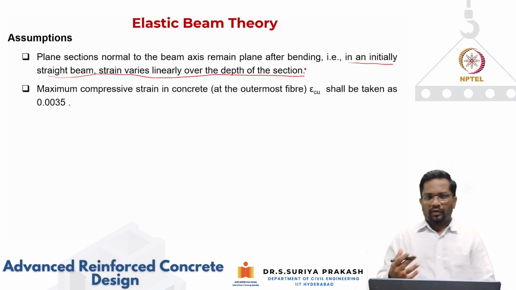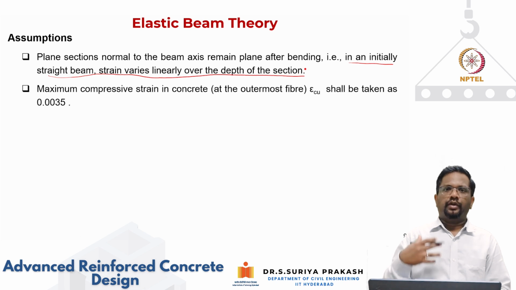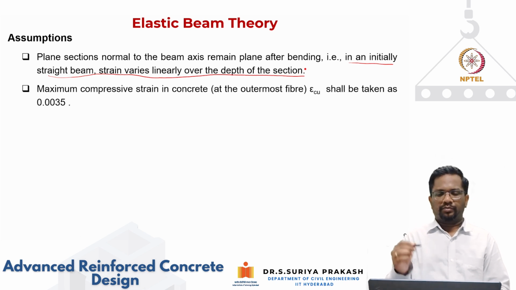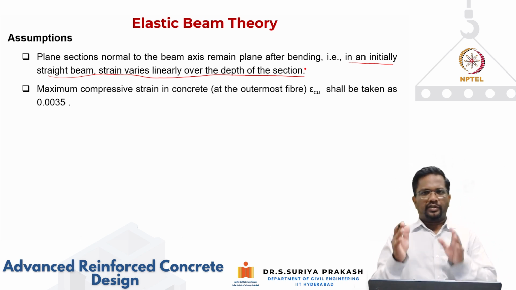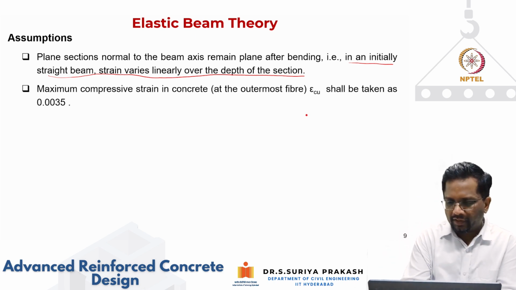Now, for a reinforced concrete member, we have seen in the material constitutive relationship how the stress-strain curve behavior of concrete is. Let's say we are taking strength of concrete less than 40 megapascal. We have seen that the stress-strain curve behavior of concrete is basically parabolic. So let's say this is f_c, this is epsilon_c.